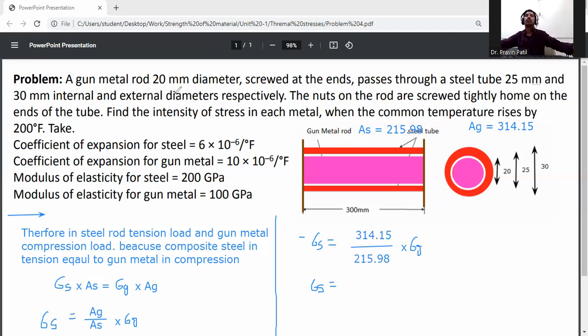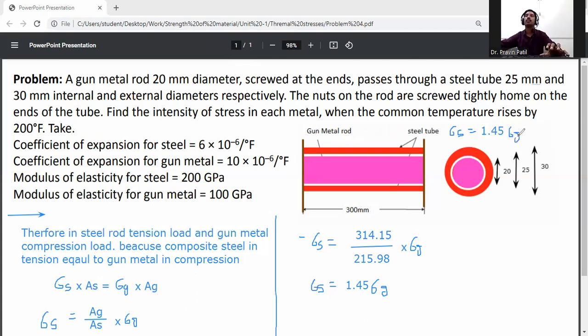It will be 1.45 sigma g. Okay, so stress in steel is equal to 1.45 sigma g. Note down this value here: sigma s is equal to 1.45 sigma g.